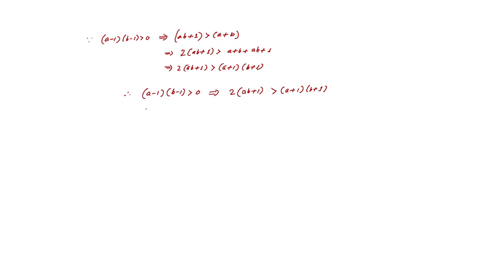So that means 2 into (AB plus 1) is greater than (A plus 1) multiple (B plus 1).